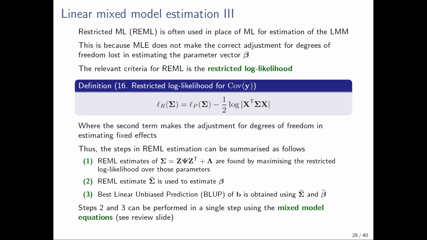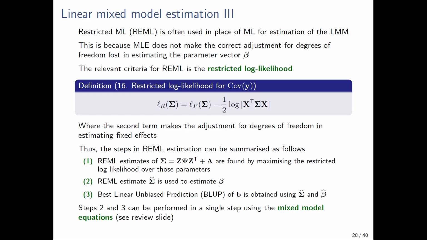And for that reason it produces a biased estimate of the variance parameters. The relevant criterion for REML is this restricted log likelihood shown here in definition 16. So this is the profile log likelihood that we saw earlier, minus 1/2 the log determinant of X transpose sigma inverse X. The second term here is making the adjustment for the degrees of freedom we lost in estimating the fixed effects.